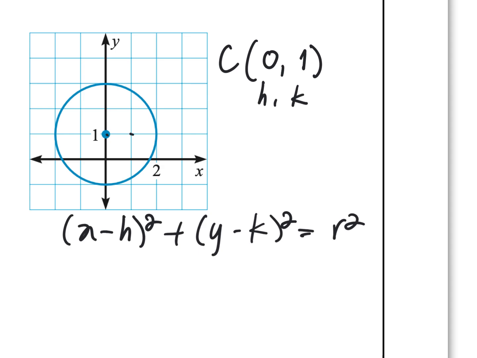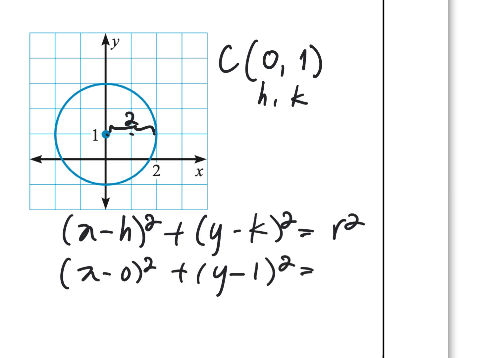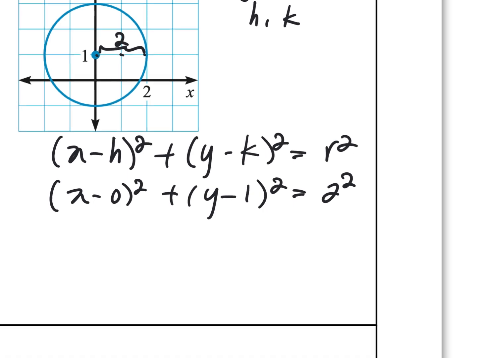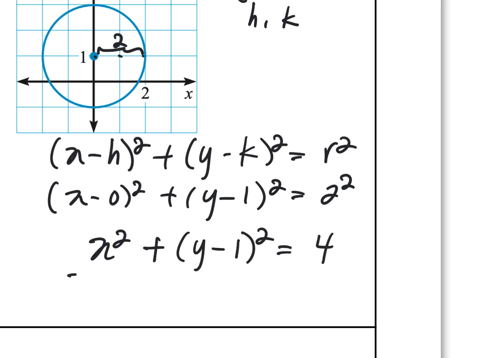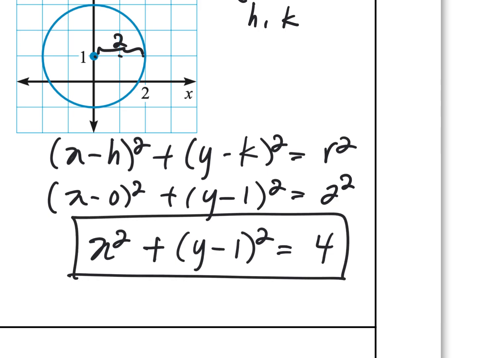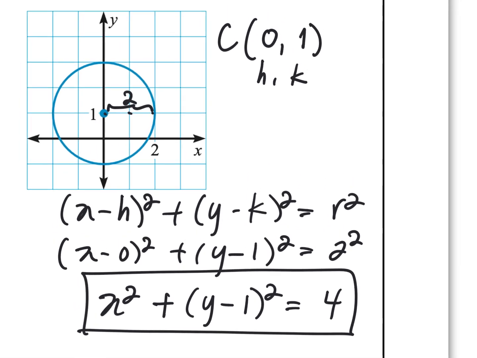From the center, 1, 2, that's only 2 units. Let's substitute everything: (x - 0) squared plus (y - 1) squared is equal to 2 squared. Now, x minus 0 is just x, so we leave it as x squared plus (y - 1) squared is equal to 4. So this is your equation for this given circle on the graph.